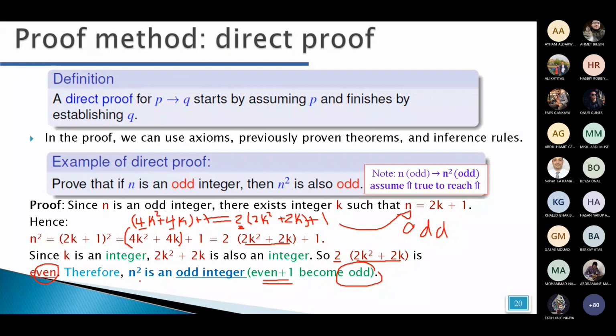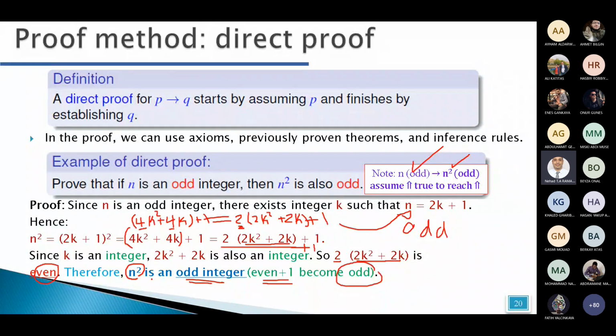Then n to the power 2 is an odd integer. Why? Because we can write it as 2 multiplied by 2k to the power 2 plus 2k, plus 1. So even plus 1 becomes odd.